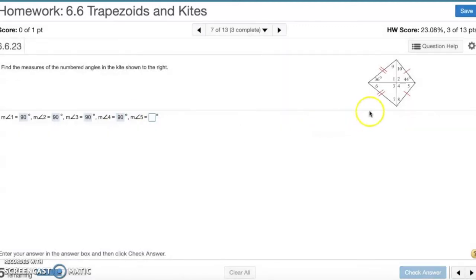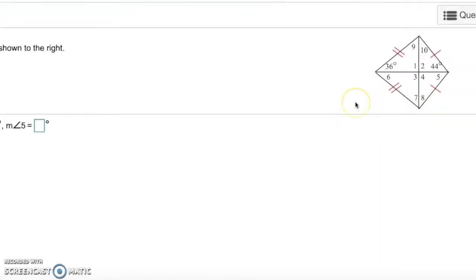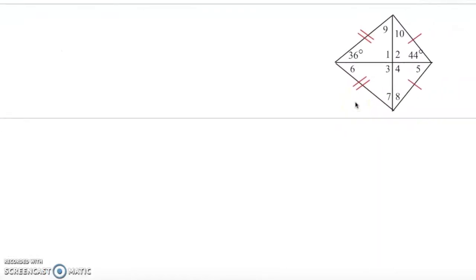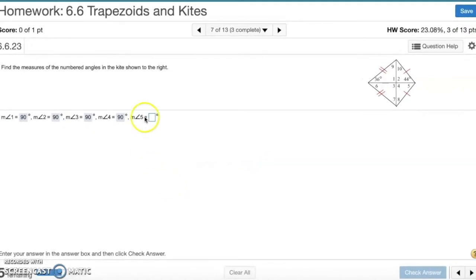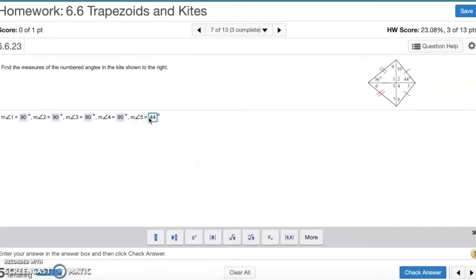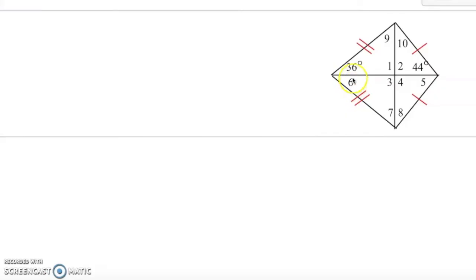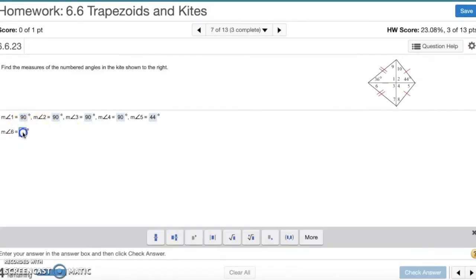Our next thing I want to look for is number 5. Since diagonals bisect angles, 5 is going to be the same as 44. So 5 is 44. 6 is going to be the same as 36. So we'll type in 36 for 6.